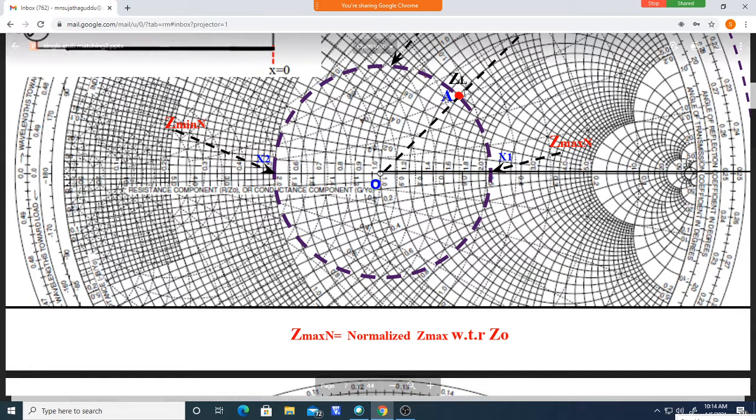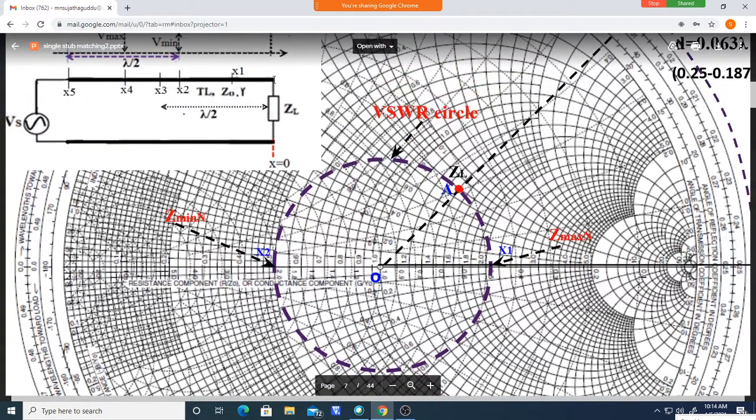You moved from the load towards the generator. We started here, passed through this maxima point, and further we moved.